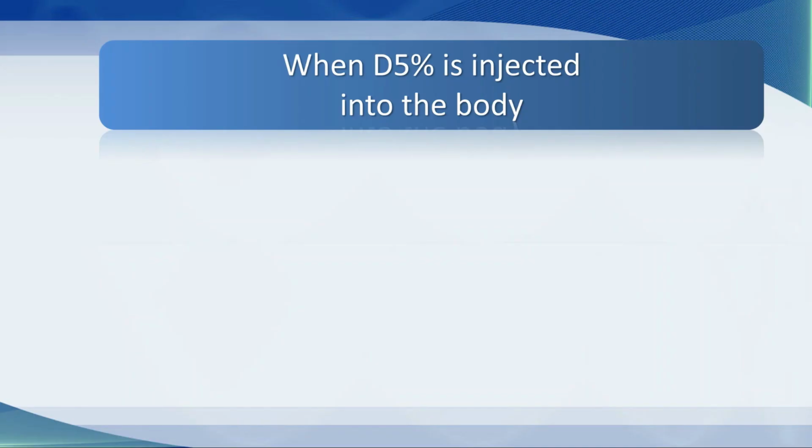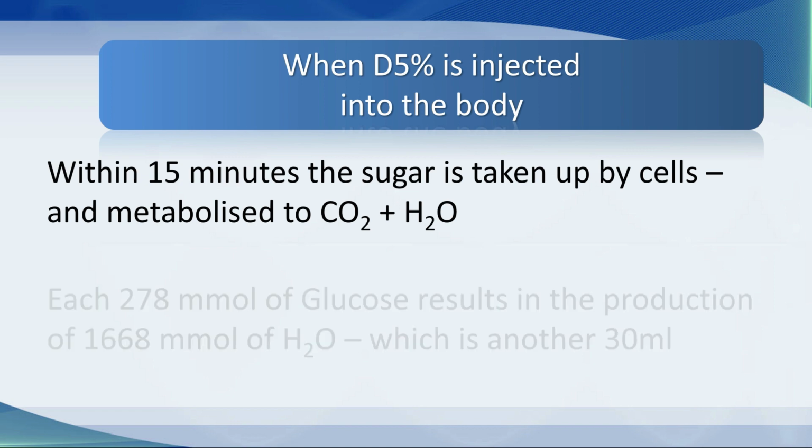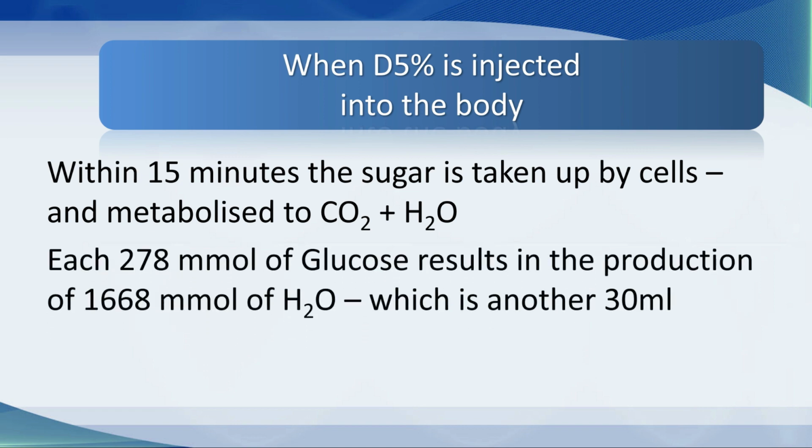Because when 5% dextrose is injected into the body, within 15 minutes the sugar is taken up by cells and metabolized to carbon dioxide and water. Each 278 millimoles of glucose results in the production of 1,668 millimoles of water, which is another 30 mils.